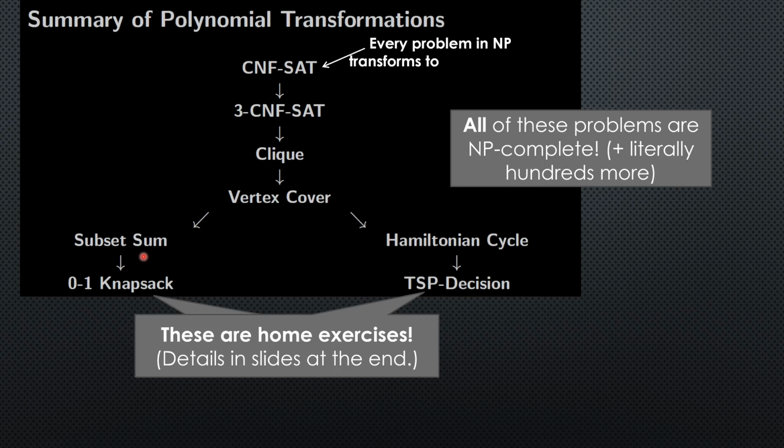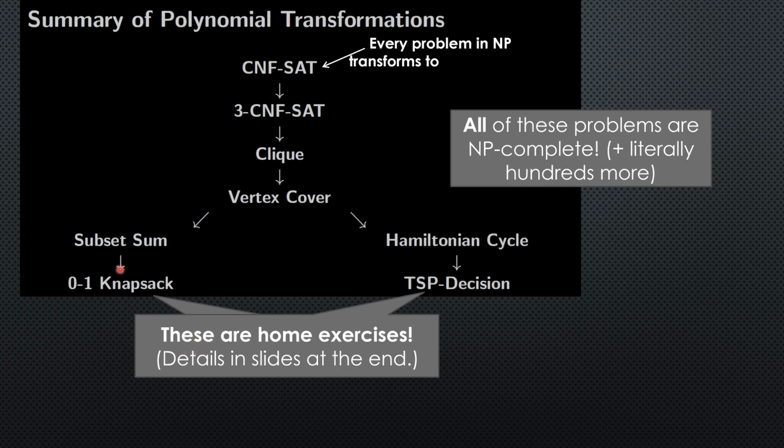So I can reduce 0,1 knapsack to SAT. I can reduce Hamiltonian cycle to subset sum. The fact that all of these are NP complete means that you can reduce every pair of them to each other. So they're all extremely expressive problems, and it's quite an interesting equivalence class.